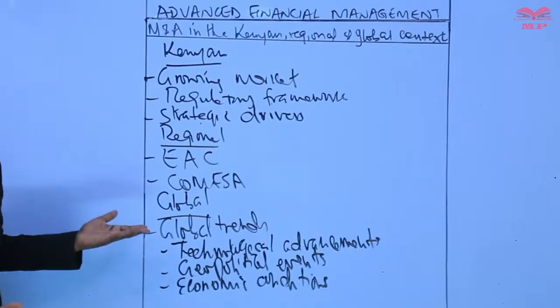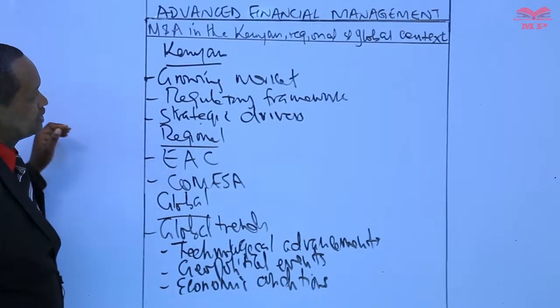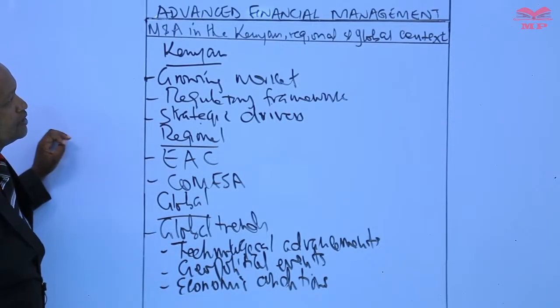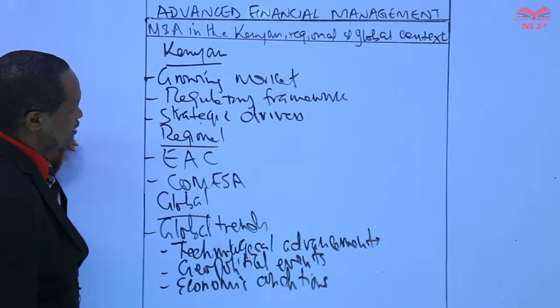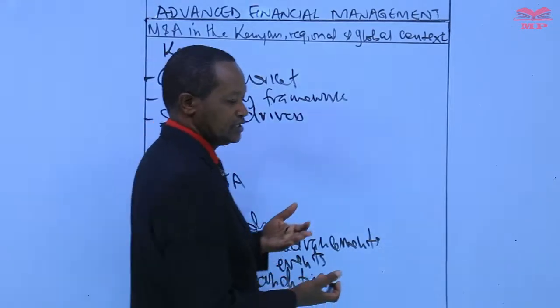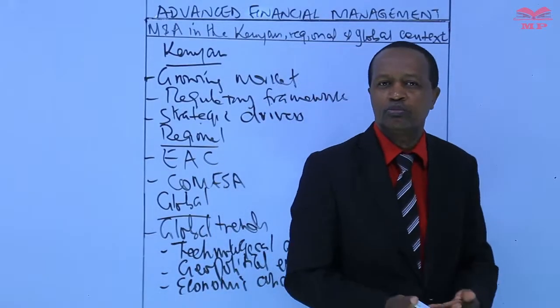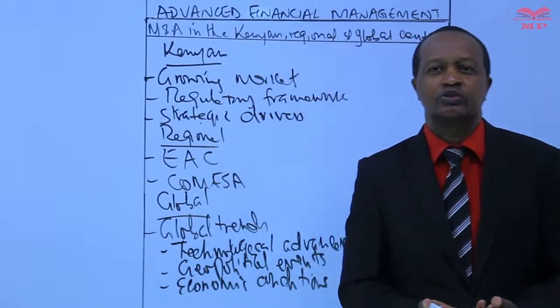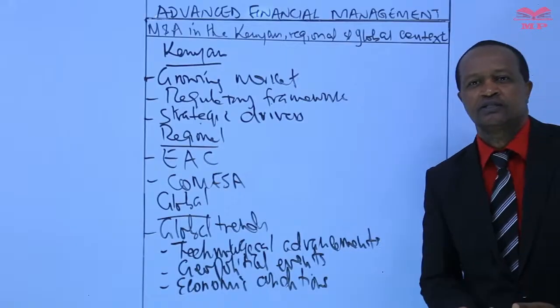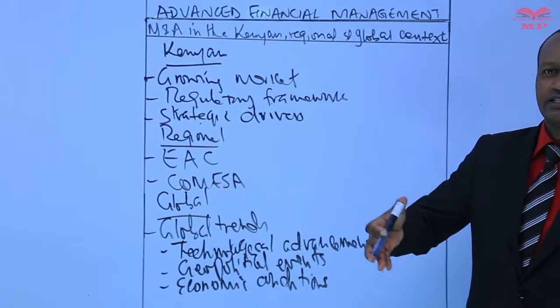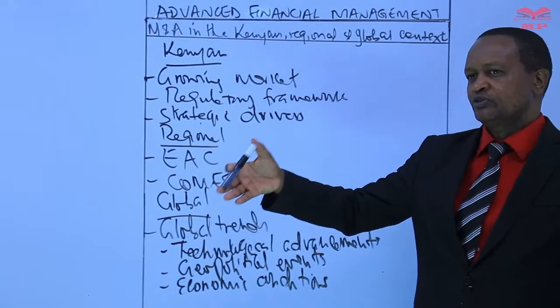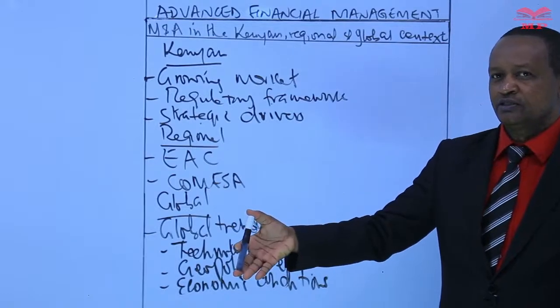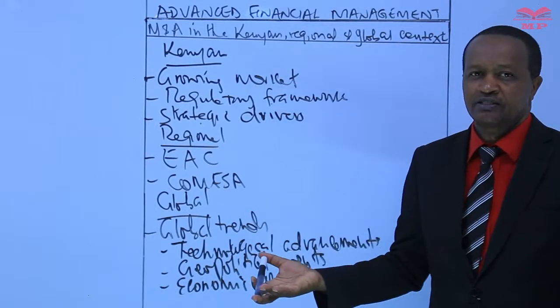So that's what we can say about mergers and acquisitions in the Kenyan, regional, and global context. In this lesson, we've learned that Kenya has seen a rise in mergers and acquisition activities, which are driven by many factors.